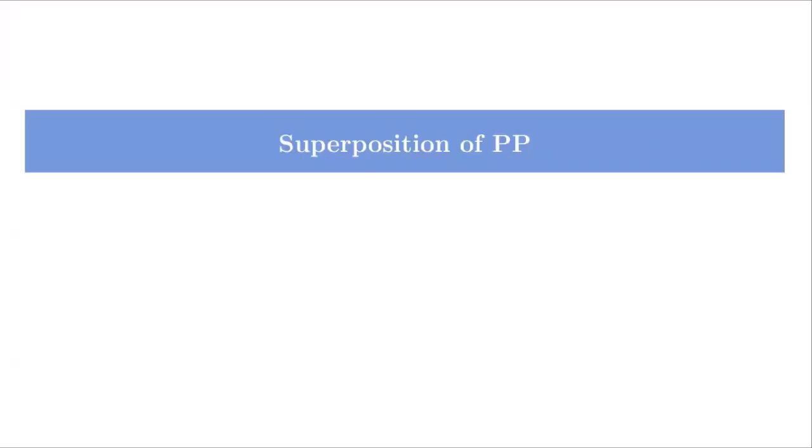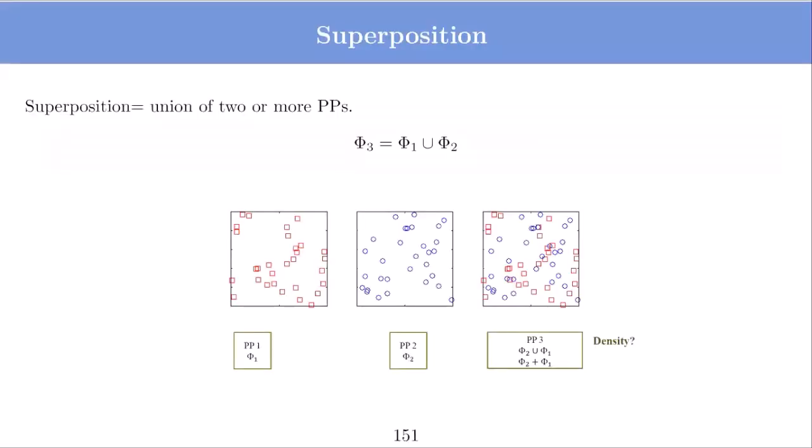So superposition of a point process generally means that you want to take the union of two or more point processes. Suppose this is one realization of one point process and this is another. The superposition would be a combination of nodes from both.